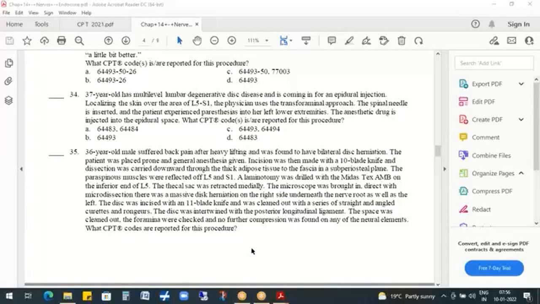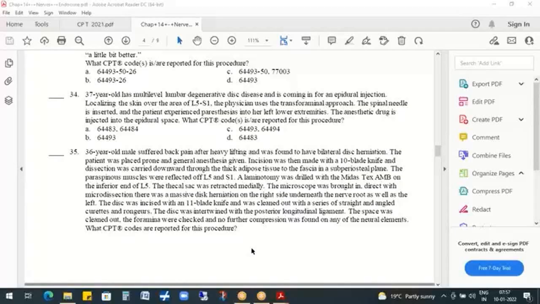Question number 34. What is the procedure performed? Transforaminal epidural injection. How many levels are there? One level, L5 to S1. What is the code, everyone?